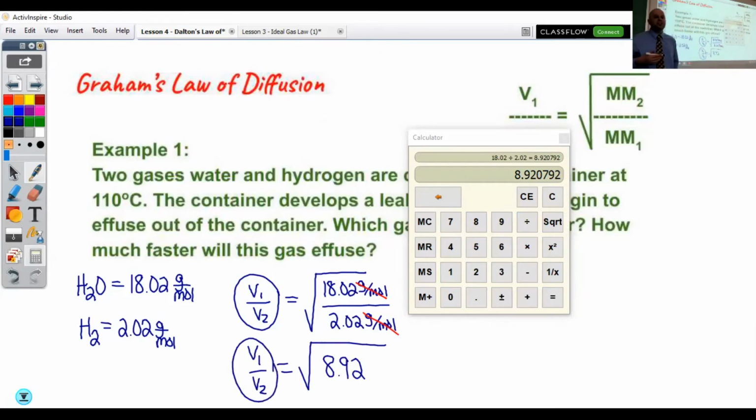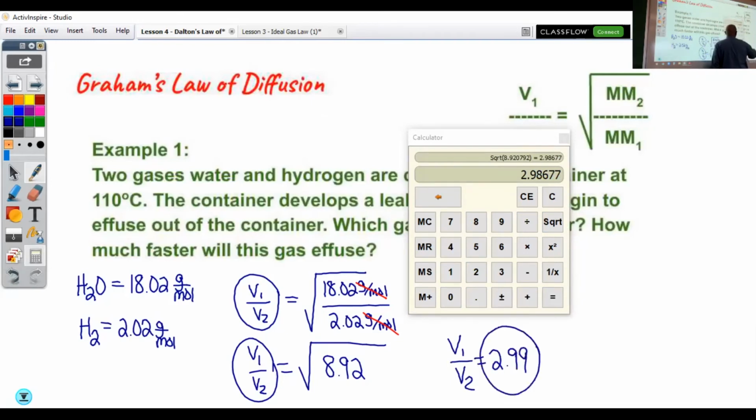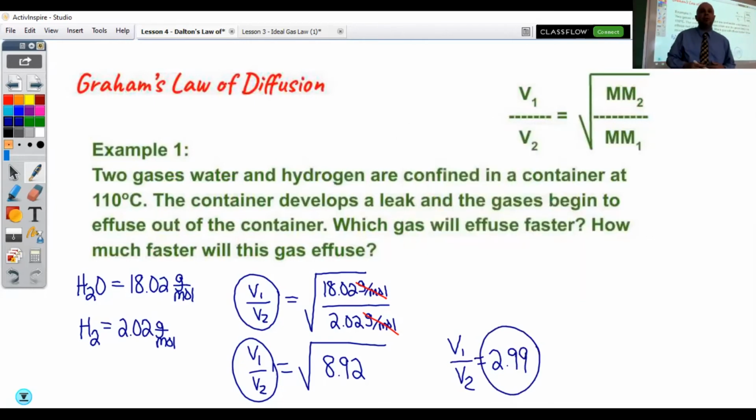And finally, to get our final answer, we'll take the square root of that number. So in our case, we wind up with a final answer of 2.99.